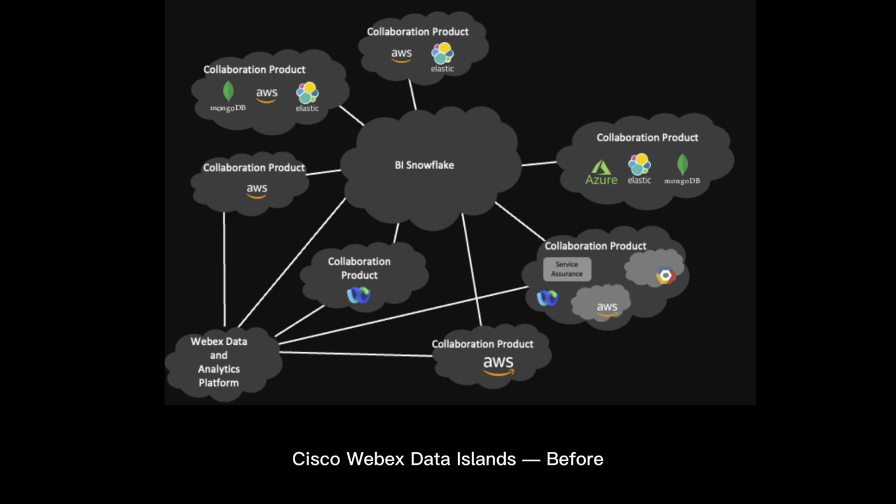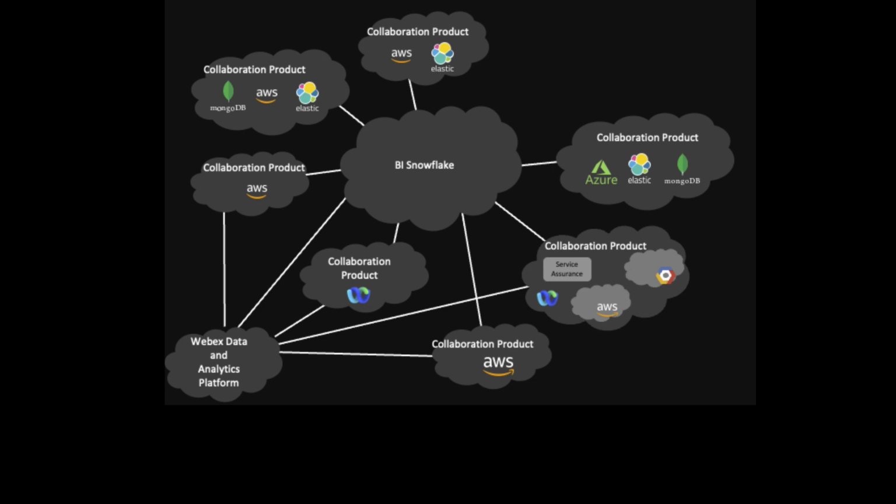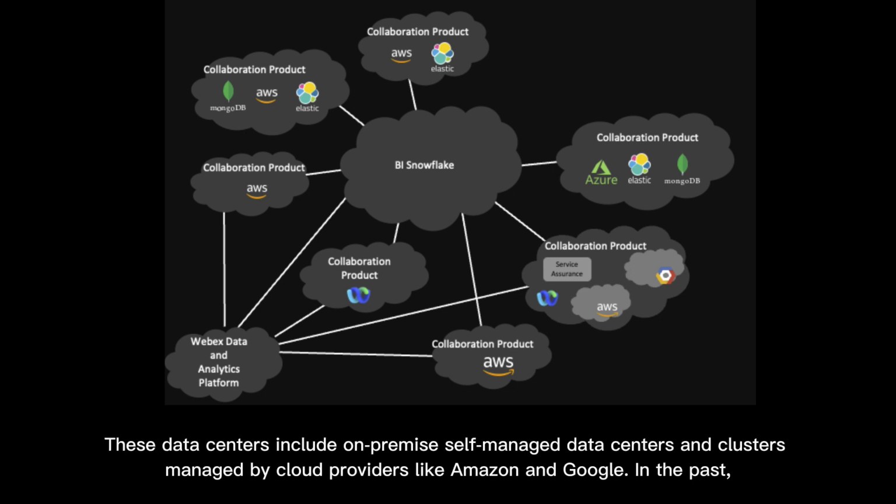Cisco Webex Data Islands. As Webex is a global collaboration service provider, our customers span multiple time zones and continents, so we have many data centers across the world. These data centers include on-premise self-managed data centers and clusters managed by cloud providers like Amazon and Google.